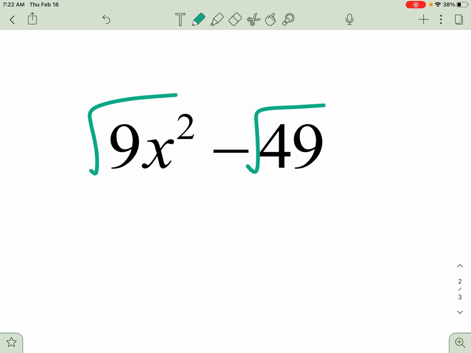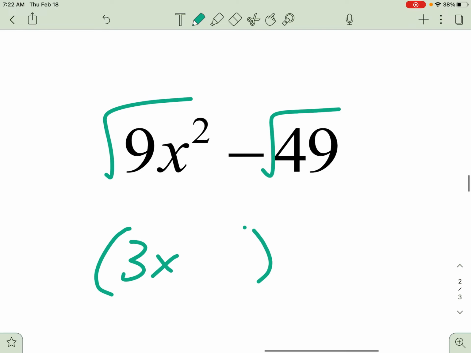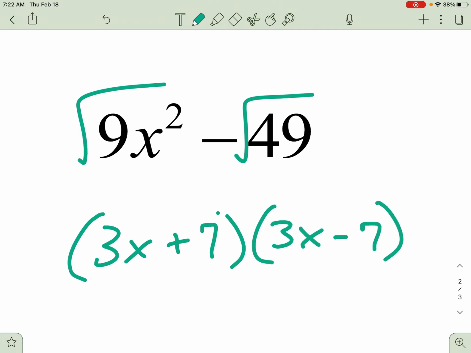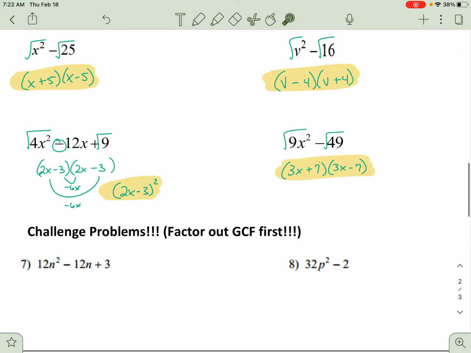Perfect square, because 3 times 3 would give you 9, and 7 times 7 gives you 49, but notice there's no middle term. That means you have to have a positive and a negative. So there's your solution on that one. Okay, 7 times 7 gives you 49, 3 times 3 gives you 9. Plus, minus, no middle term.